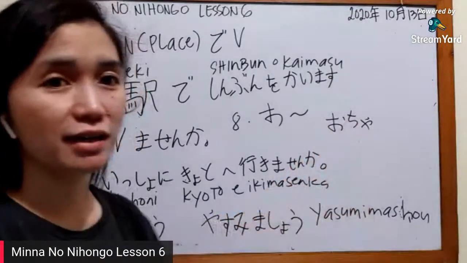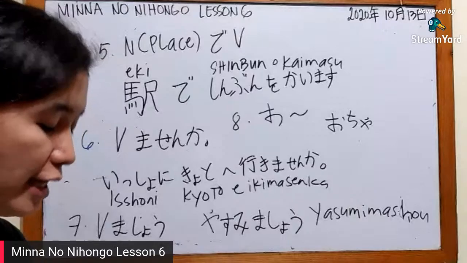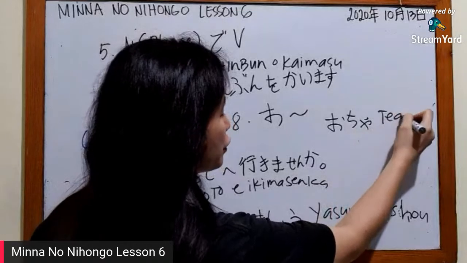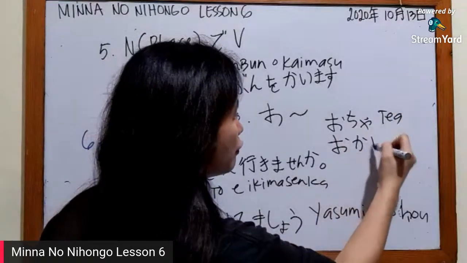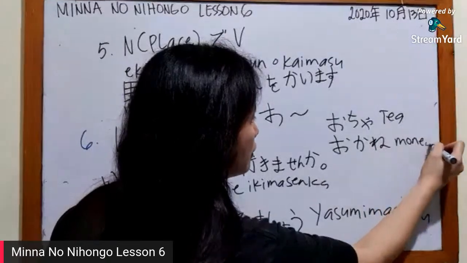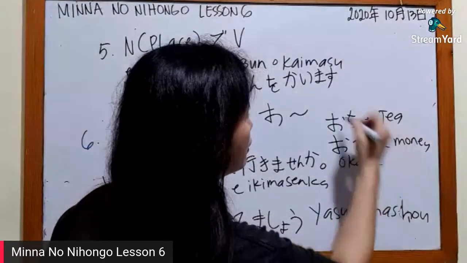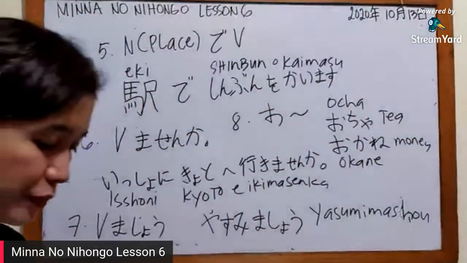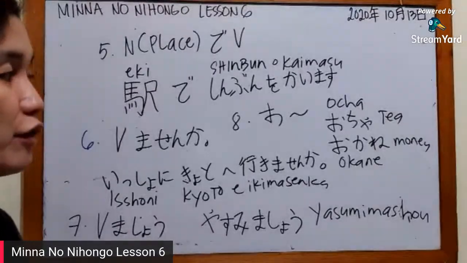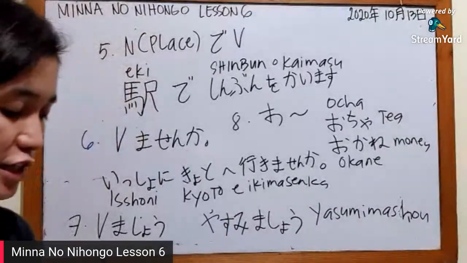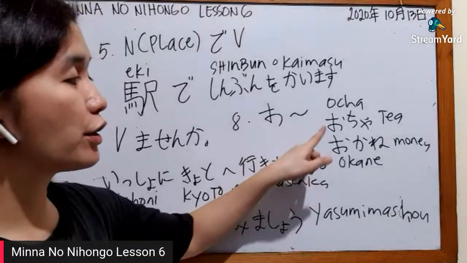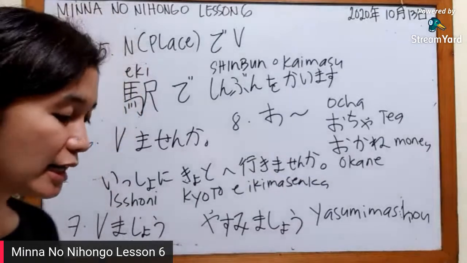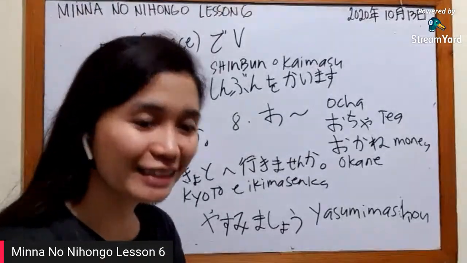And another example is okane for money. Ocha for tea and okane for money. So these words don't have a meaning of respect and politeness. They are just usually used with the character o. Okane ga arimasu ka? Okane takusan arimasu ka?